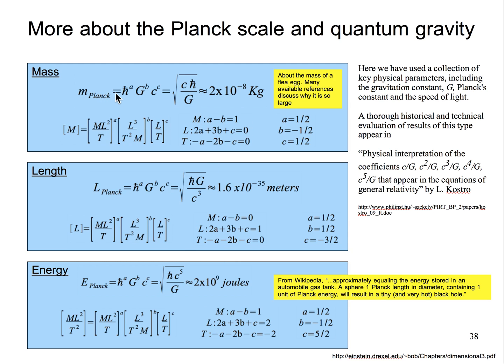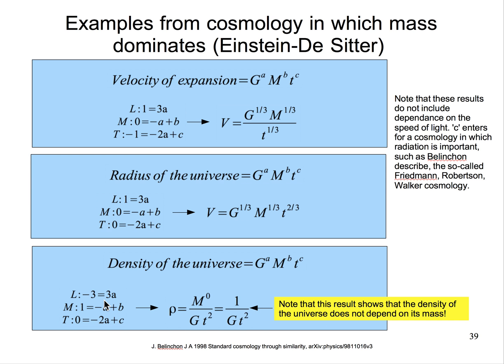Oh, and I should point out, no proportionality constant is required here. Using these three guys, we do get the Planck mass, the Planck length, and the Planck energy. How about if we calculate the velocity of expansion of a universe dictated by matter?